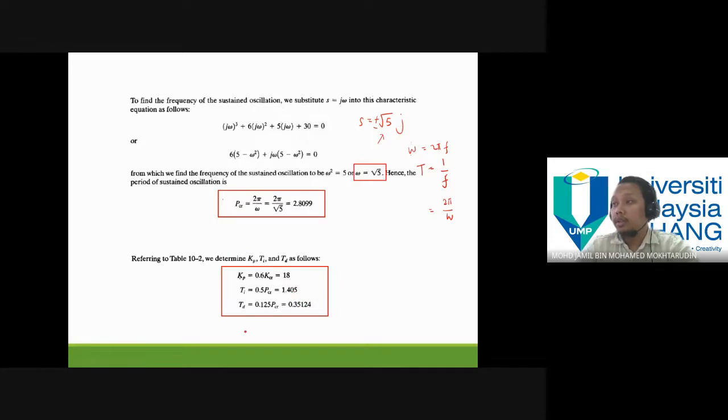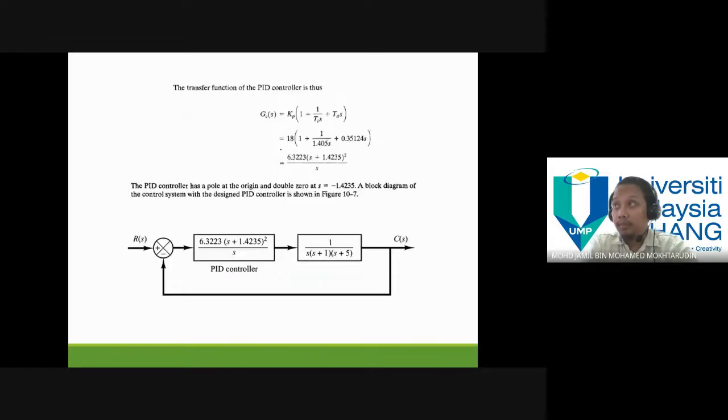So we can use these Kp, TI, and TD and substitute into the transfer function for the controller. Okay, I made a mistake earlier, I put TI on top, so TI goes at the bottom. And then this is the transfer function for the controller: Kp times 1 plus 1 over TI s plus TD times s. So substitute the values and you get the transfer function for the controller.